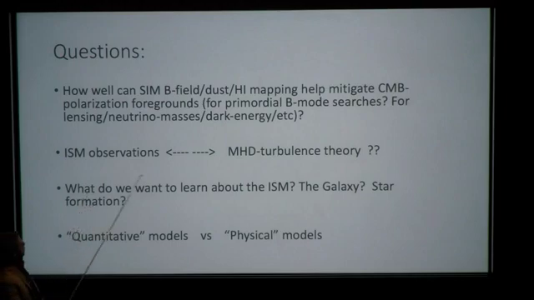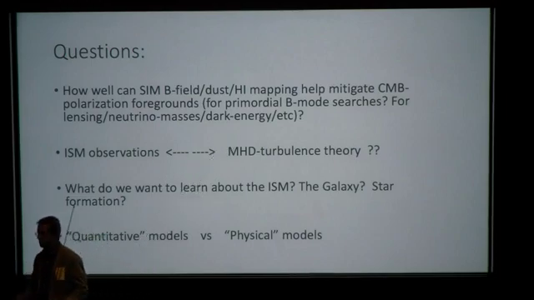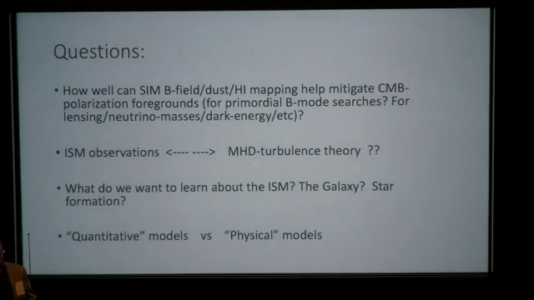So my primary interest was primordial B-mode searches, but it's also important to know that CMB S4 and Simons Observatory are going to be measuring polarization also on very small scales in an effort to learn about dark energy, neutrino masses, gravitational lensing, etc.